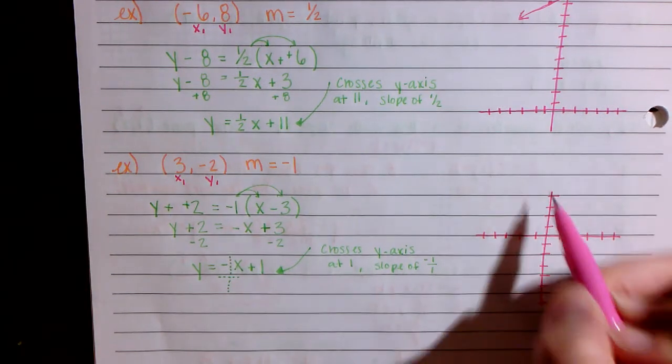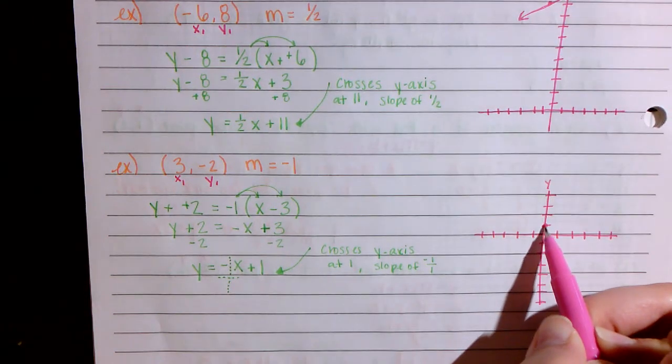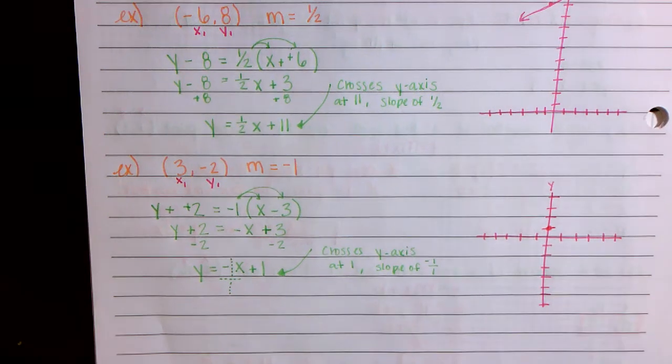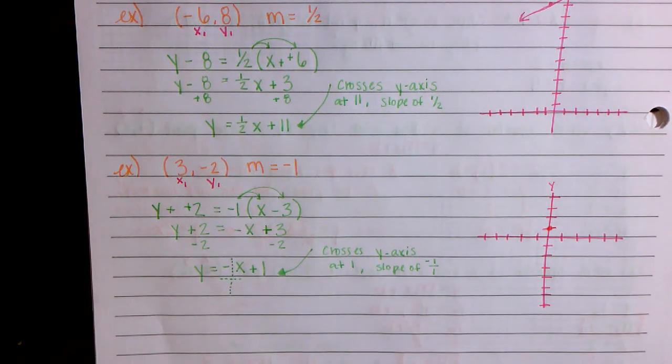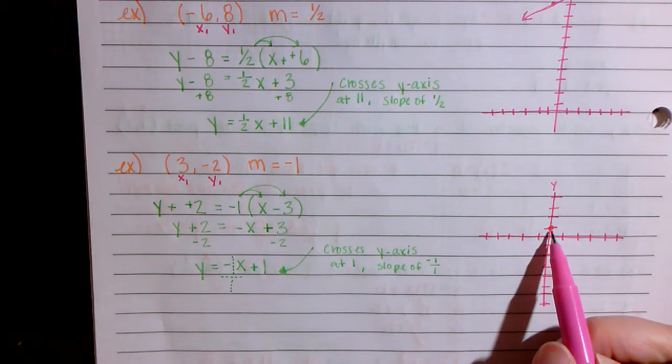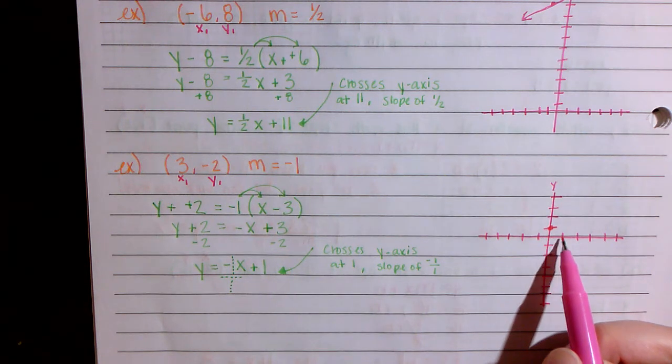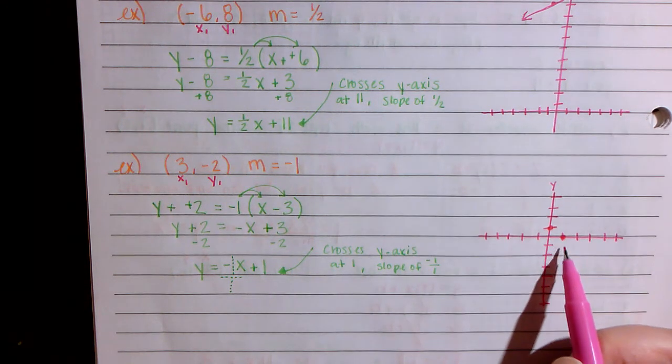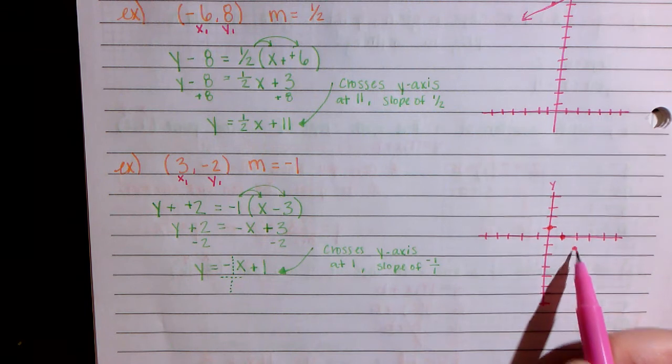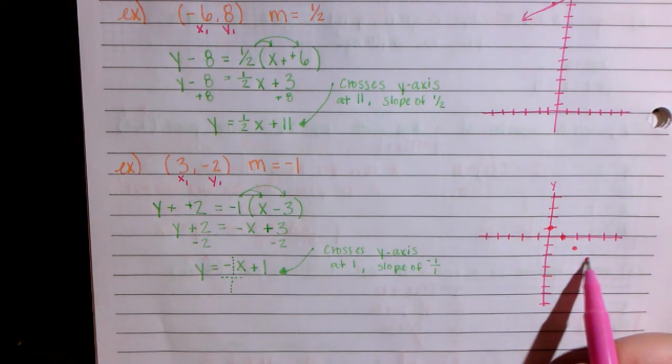So I'm going to go up on the y-axis to 1 and put a point. Okay? And then my slope is down 1 over 1. So I'm going to go down 1, which is negative, then to the right 1, which is positive. Down 1 to the right 1. Down 1 and to the right 1. So on and so forth.